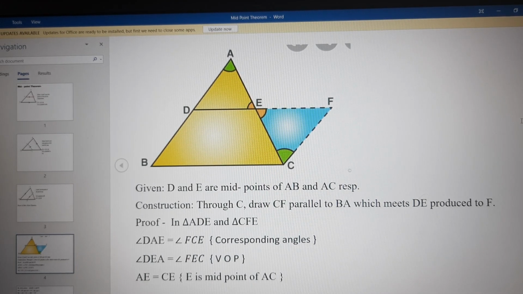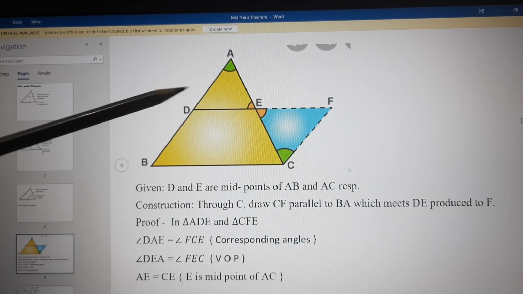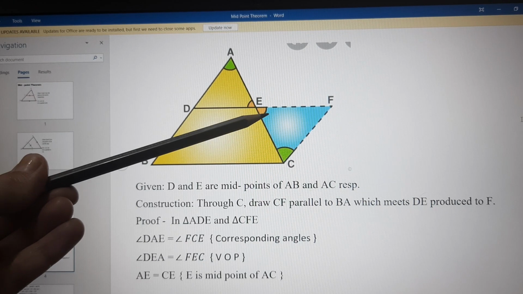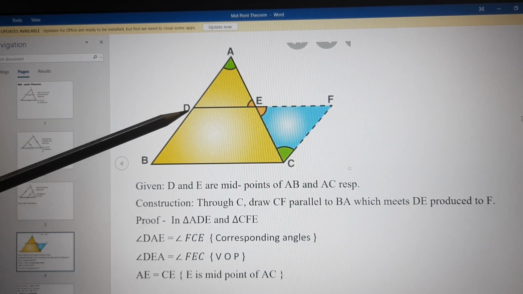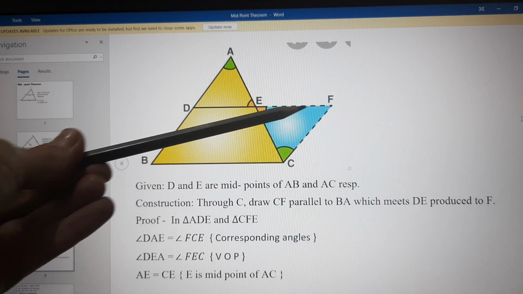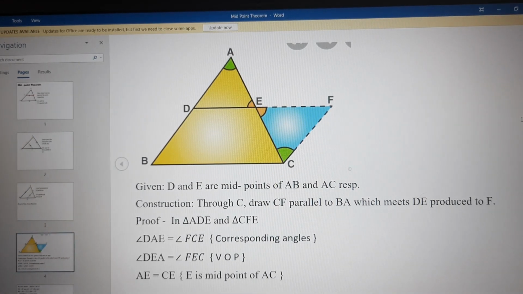Clear? Now we'll take two triangles, triangle ADE and triangle CFE. We'll show that these two triangles are congruent to each other. As you can see, this angle and this angle are vertically opposite angles. So angle AED will be equal to angle CEF, vertically opposite.